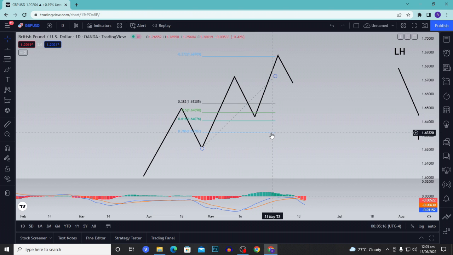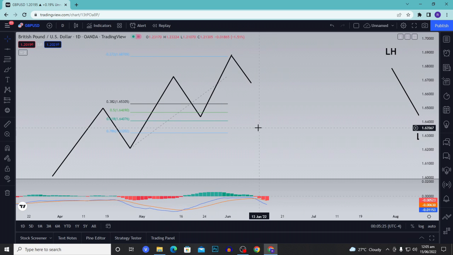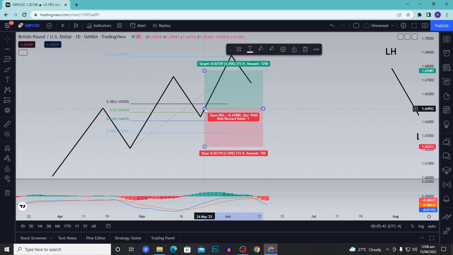So we want the 10 exponential moving average to cross above the 20 exponential moving average. Once both of those are true, then we enter the trade. At the very point that both of those are true, we enter the trade, placing our stop loss. Let's say we enter a long position right here.